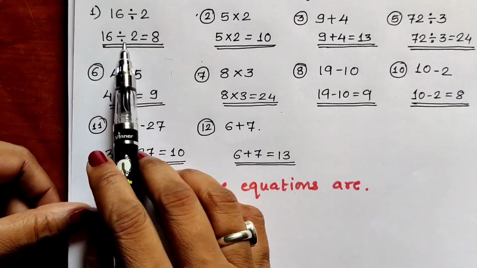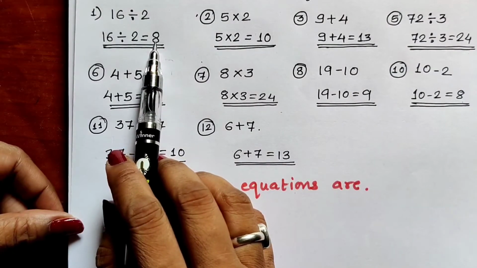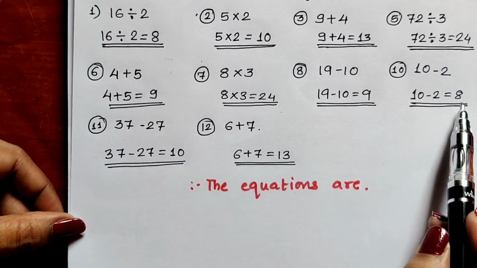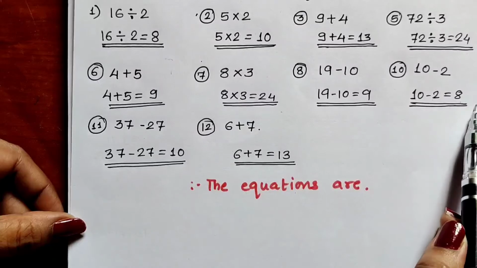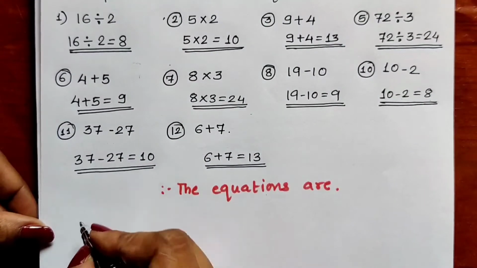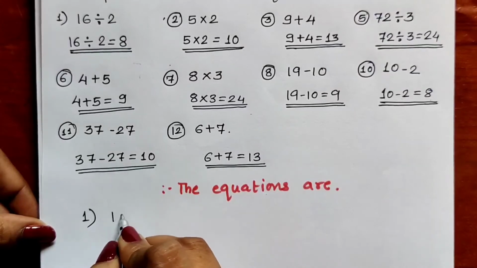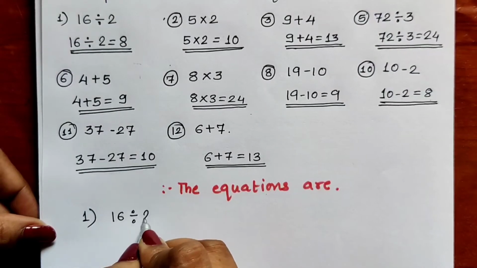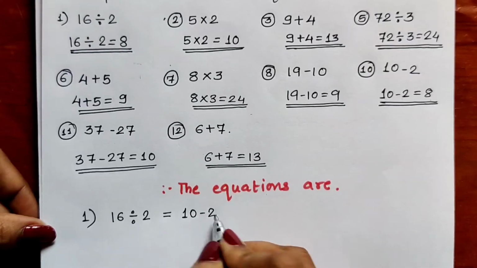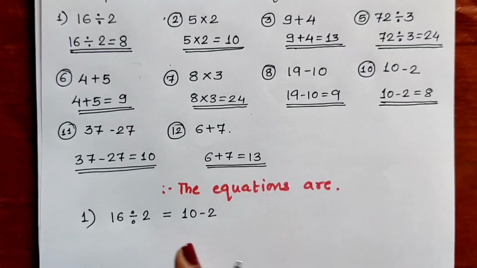See, 16 divided by 2 is also 8 and 10 minus 2 is also 8. Answers of both the operations are the same, and that's why these operations are equal. So the first equation we get is 16 divided by 2 is equal to 10 minus 2.